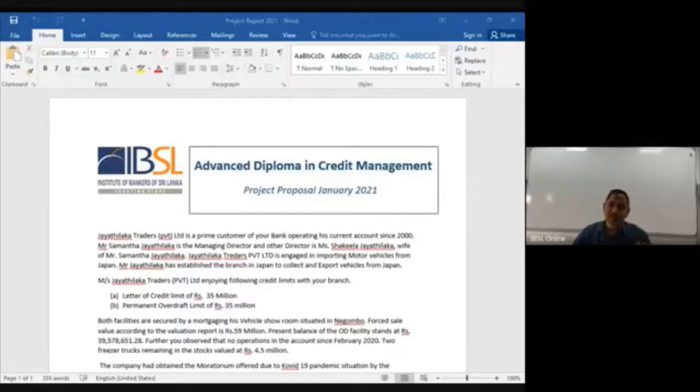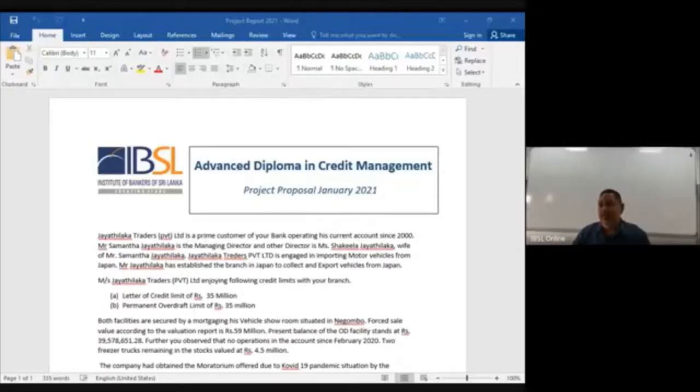Therefore, for any proposal for recovery of the defaulted facility, you have to prepare a memo and put it to higher management for approval, because you don't have delegated authority.